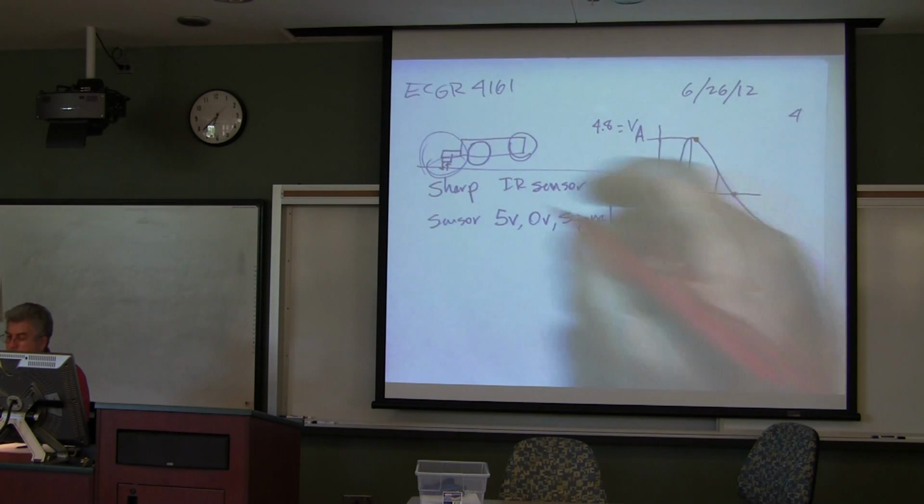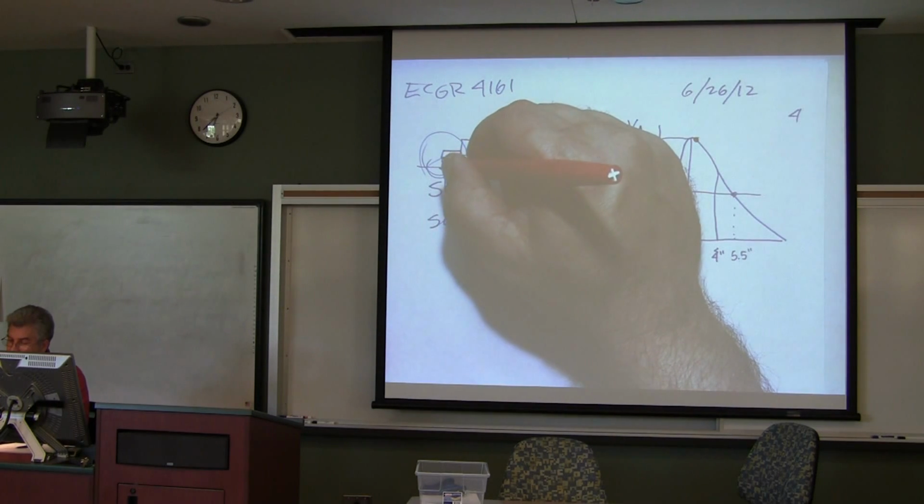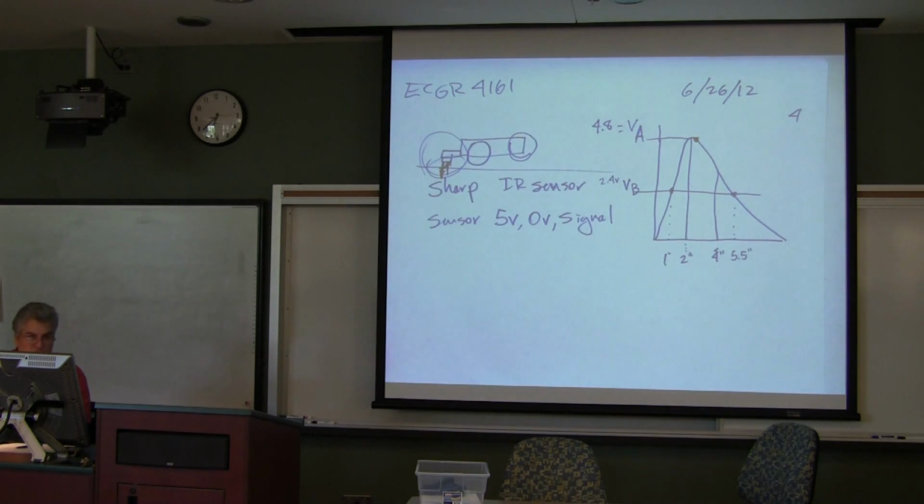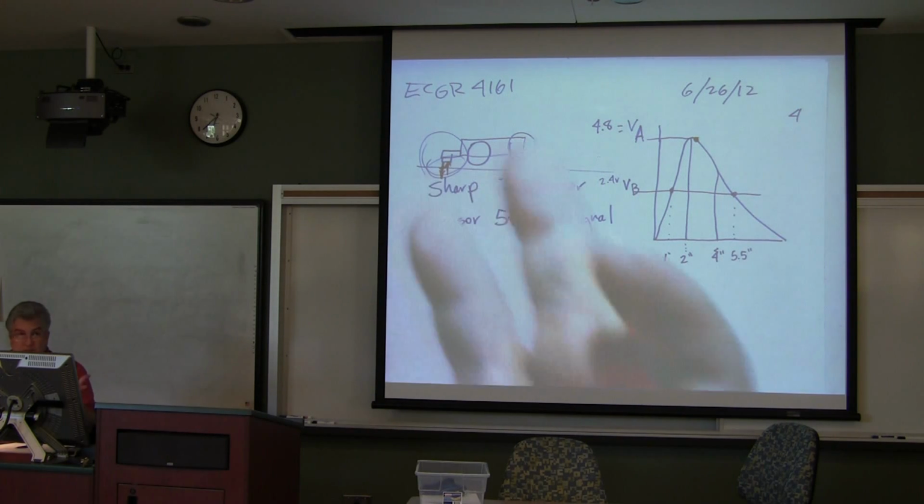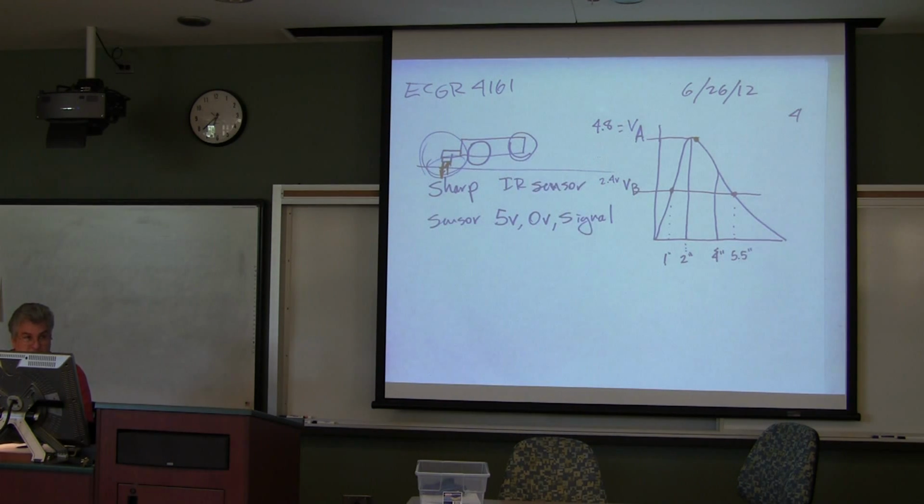Or if the whole idea of this is to be an edge detector so that you don't roll down a stairs like in the Roomba, right? You don't want the Roomba to roll down the stairs when it comes to the edge of a floor.